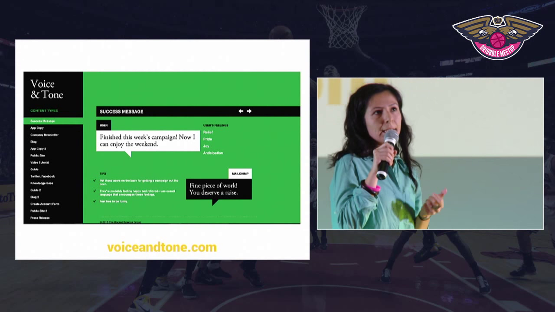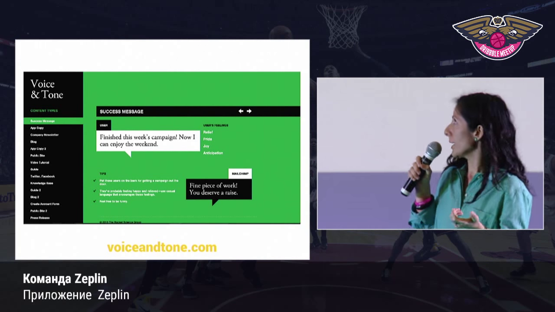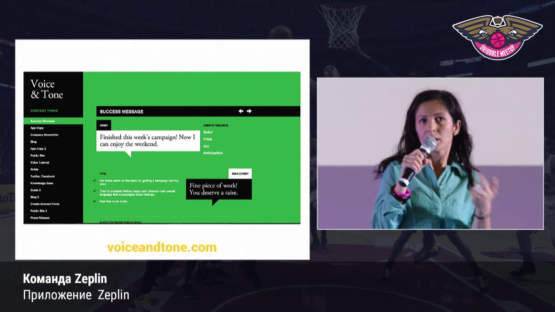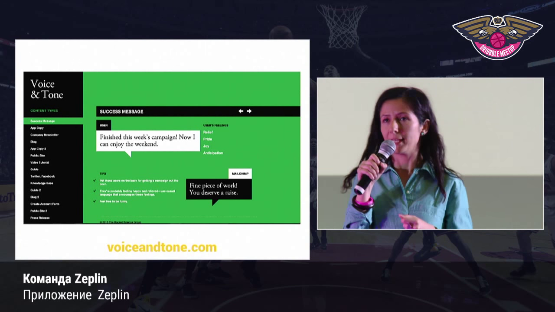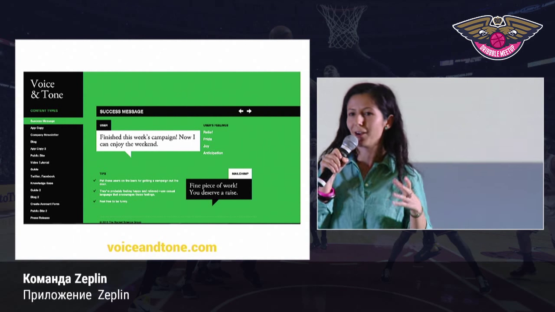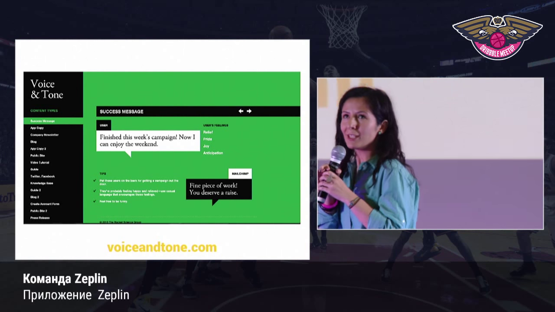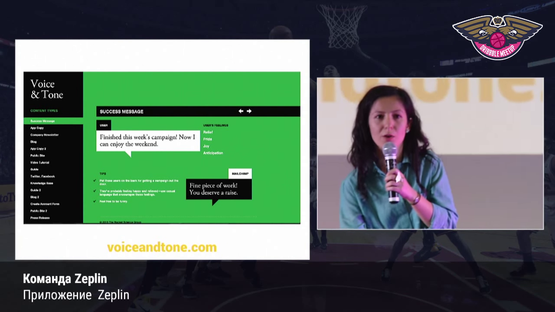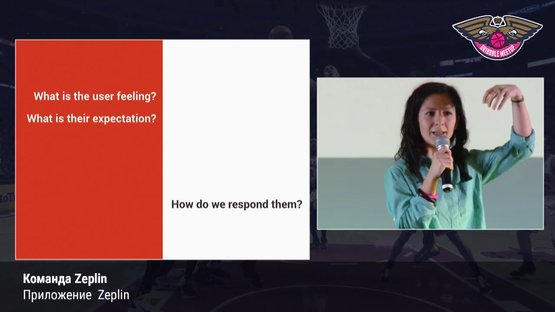And here, I want to talk a little about the way we communicate with people and our language. I guess lots of you know this, but it was really helpful for us. It's voice and tone, and we are still using it in every feature. The idea is very basic. You try to guess your user's feeling and pick words to reach them.